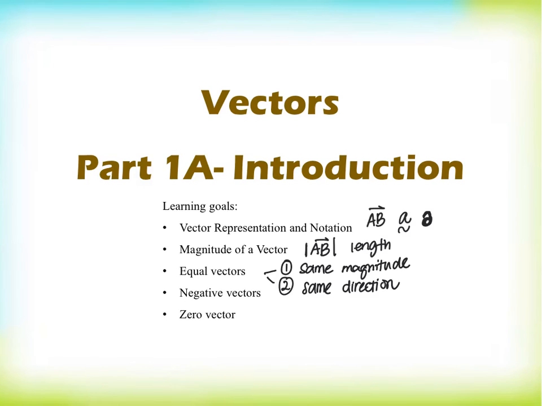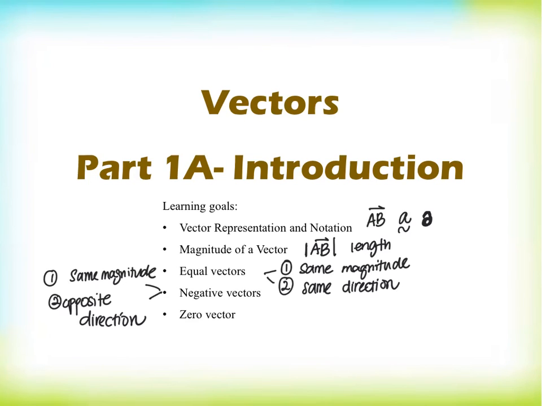Then what exactly are negative vectors? Negative vectors are vectors with the same magnitude, but they are in the opposite direction. We also learned in part A the zero vector.